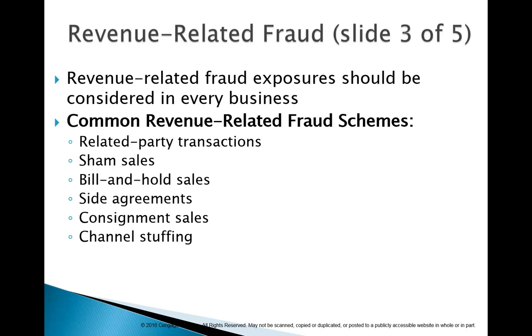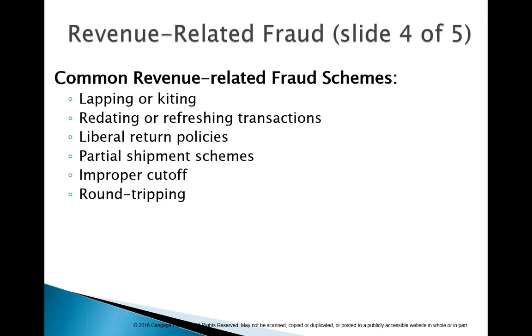The other issue that comes up is consignment sales. Some folks put their inventory on consignment to resellers. They didn't actually sell it to the reseller. It's just there on consignment until the reseller sells it, but they'll record the sale as if they had made the sale when they consign the goods to a reseller. So there's a lot of different ways to commit revenue fraud, and those ways have all been tested throughout the years.